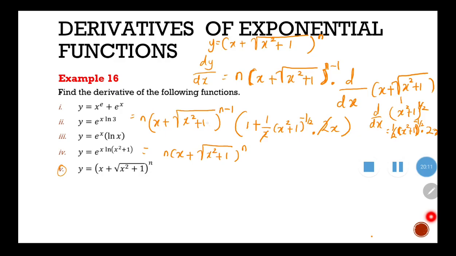Remember, if it is to the power of minus 1, it is also equal to 1 over something, right? So this is x plus the square root of x square plus 1, to the power of minus 1, times 1 plus x over the square root of x square plus 1.